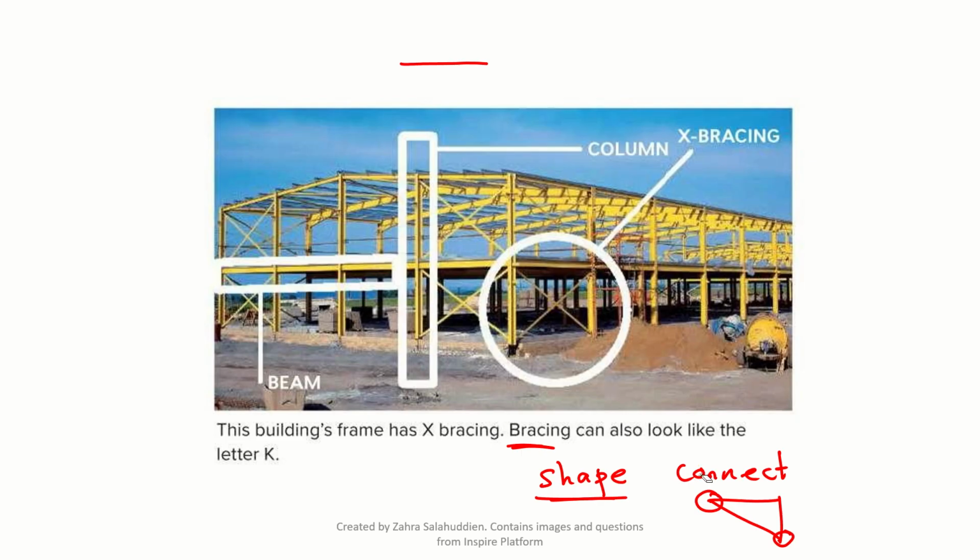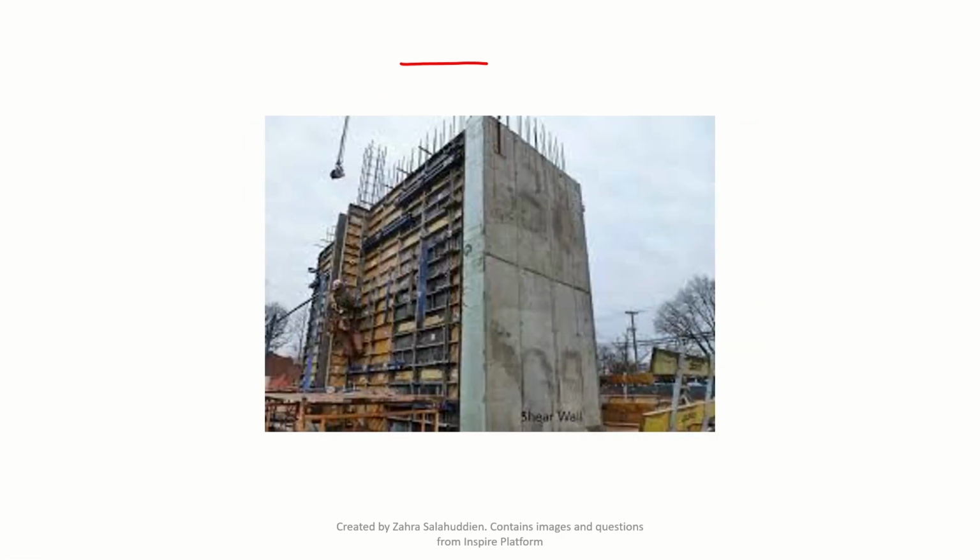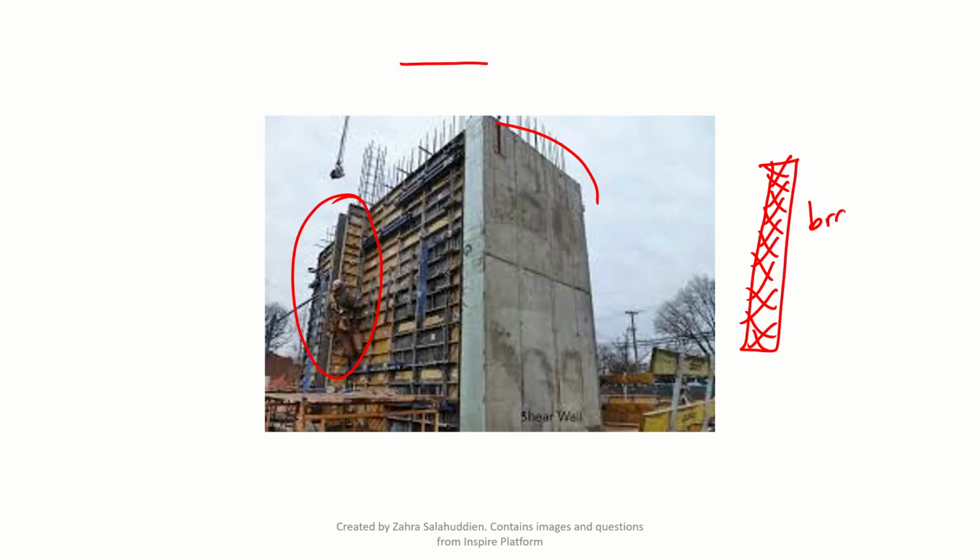Now let's look at something else that can reduce earthquake damage. This is called a shear wall. Over here we can see a whole wall. The entire wall on the outside of the building is made of braced panels.